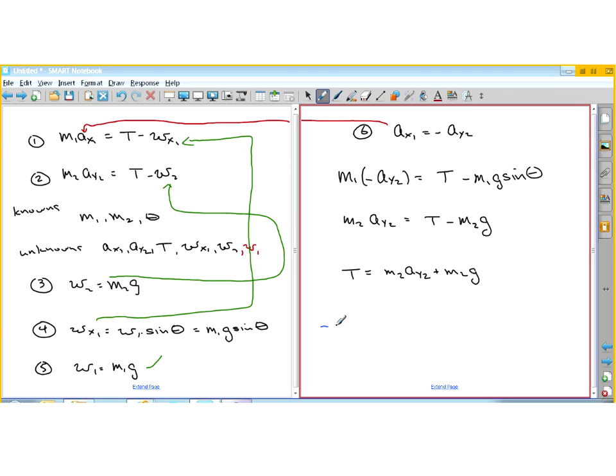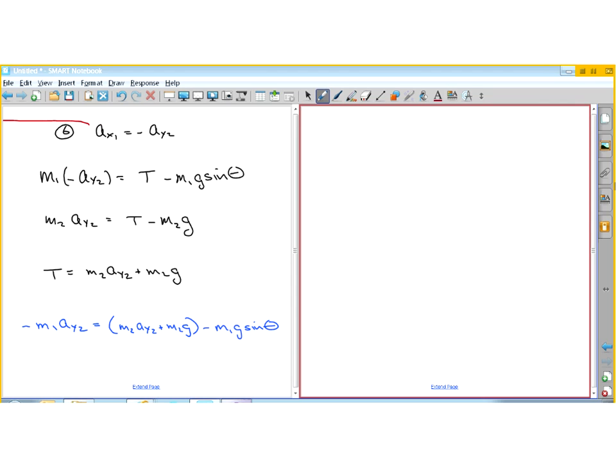So the left-hand side will just become minus m1 times a sub y2. The tension plugged in there will be m2 a sub y2 plus m2 g. And then I subtract m1 g sine of theta. So now we only have one unknown, which is a sub y2.